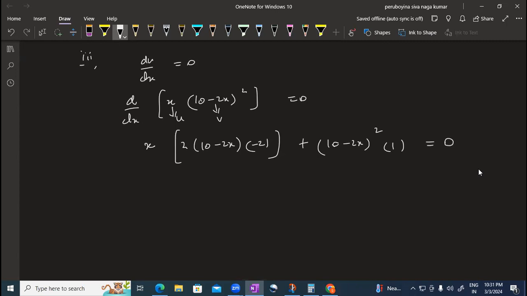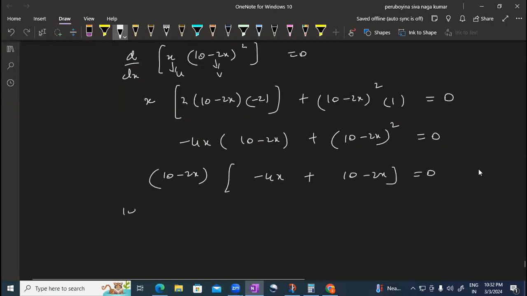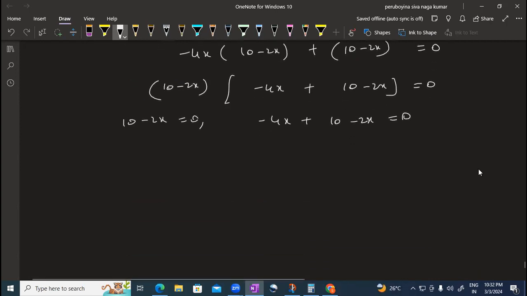And then, simplify it. So minus 4x times (10 minus 2x) plus (10 minus 2x)² is equal to 0. So 10 minus 2x you can take as a common factor. So minus 4x plus 10 minus 2x is left, equal to 0. So 10 minus 2x will be 0, and minus 4x plus 10 minus 2x, the second bracket, will be 0.